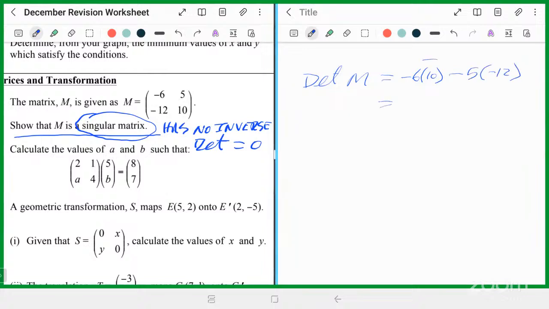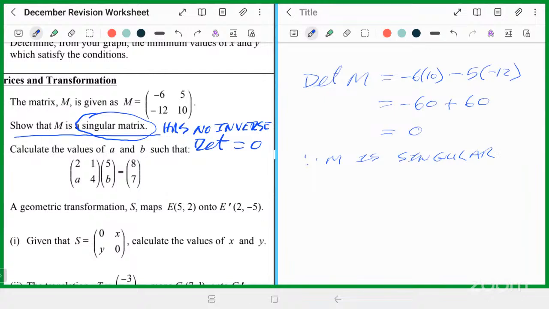So this becomes a negative 60. And this negative 5 times this negative 12 becomes a positive 60, which becomes 0. That's what you have to show. Therefore, M is singular. Show that the determinant is 0, because the determinant is 0. That's the reason why it is singular and has no inverse.